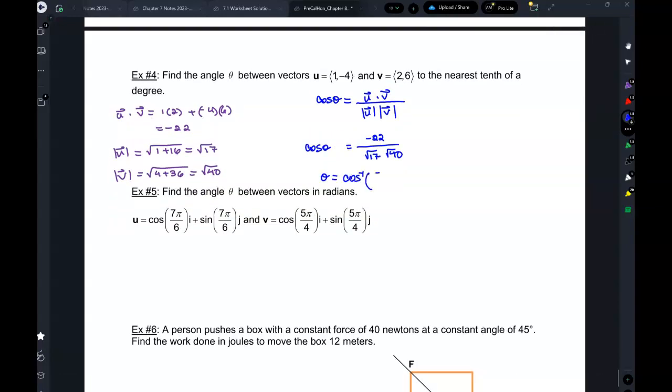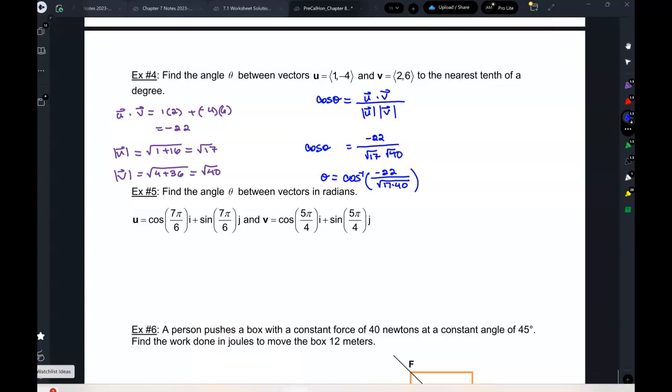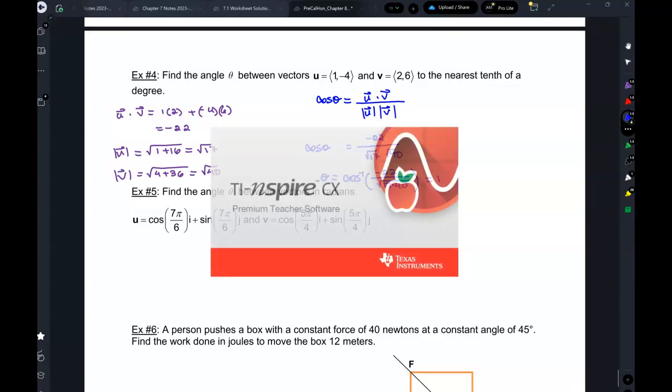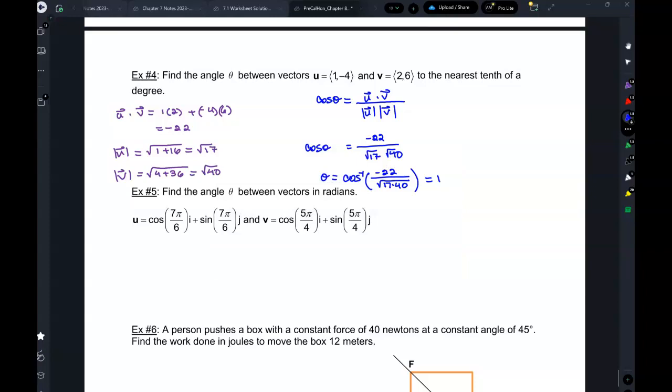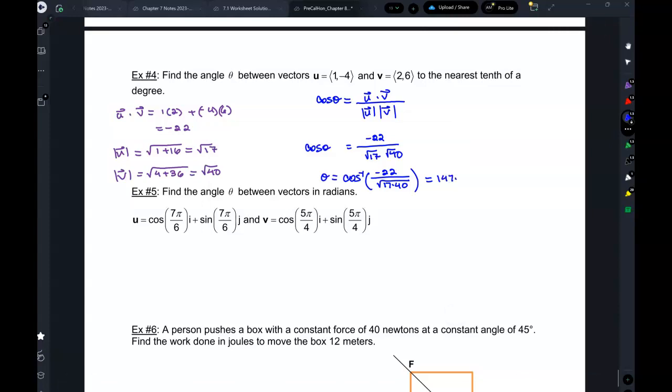It's the inverse cosine of this over the square root of 17 times 40, and that's how I plug it into my calculator. If you're going to plug all this into your calculator, there's no need to simplify these. Who cares? So then the final answer will be, let's see. No, we're using the dot product in the inverse cosine to find the angle. How much is this? 147.5.